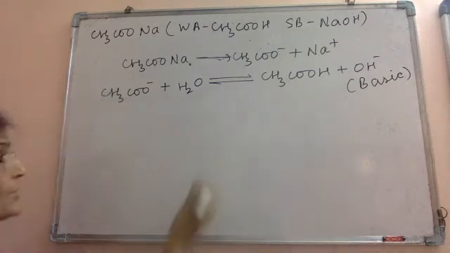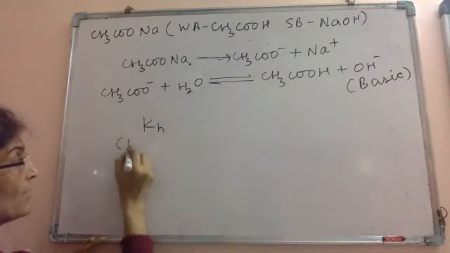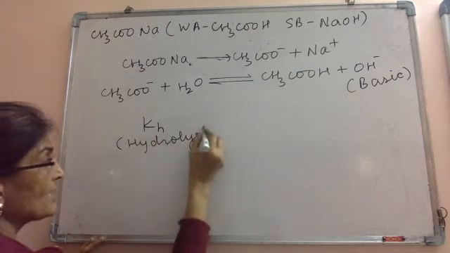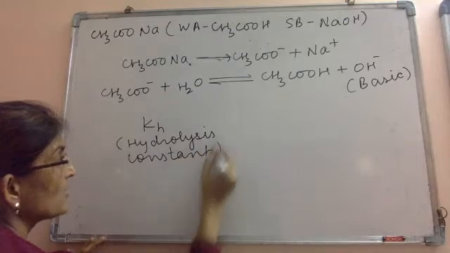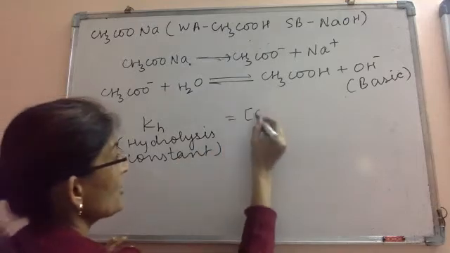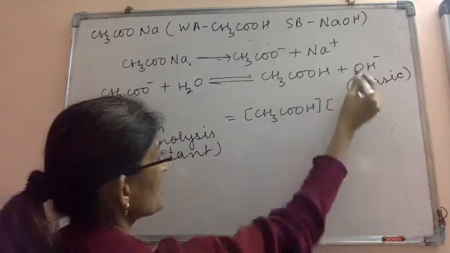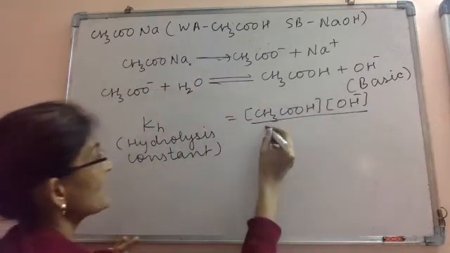Equilibrium is also established in this. Its equilibrium constant is denoted by KH. What is it called? Hydrolysis constant. And what will be its value? Concentration of product, that is acetic acid, times concentration of OH minus upon concentration of acetate ion.